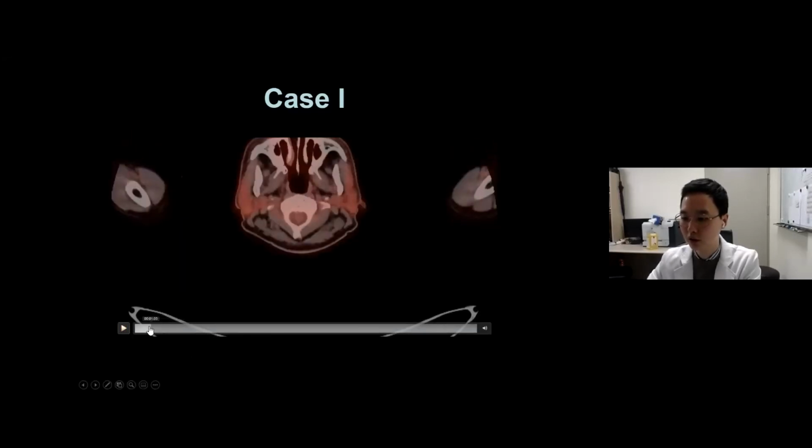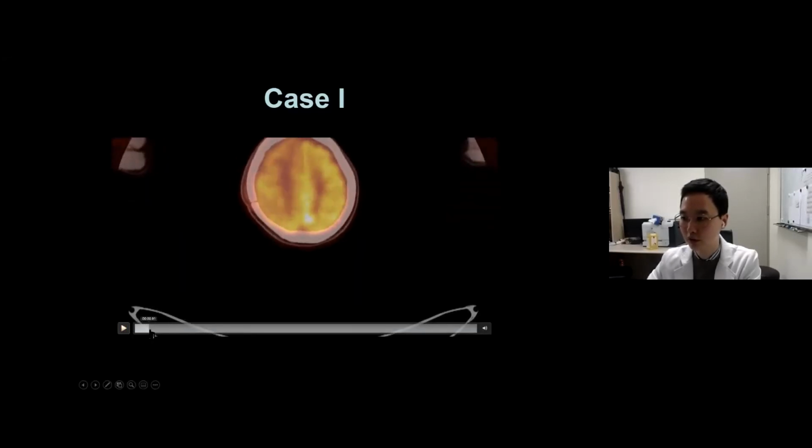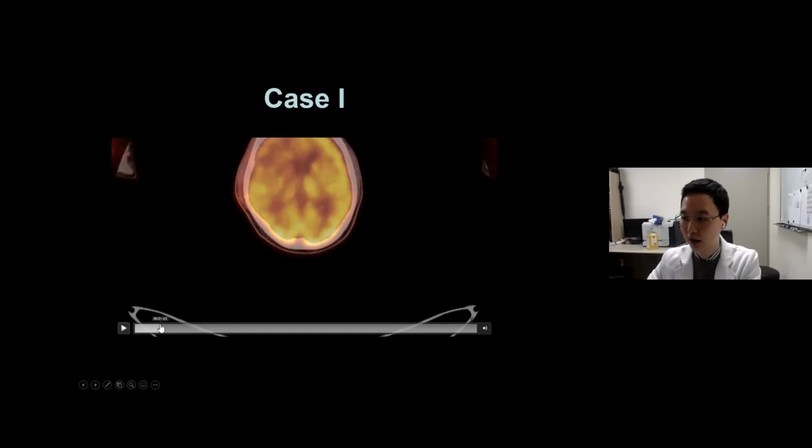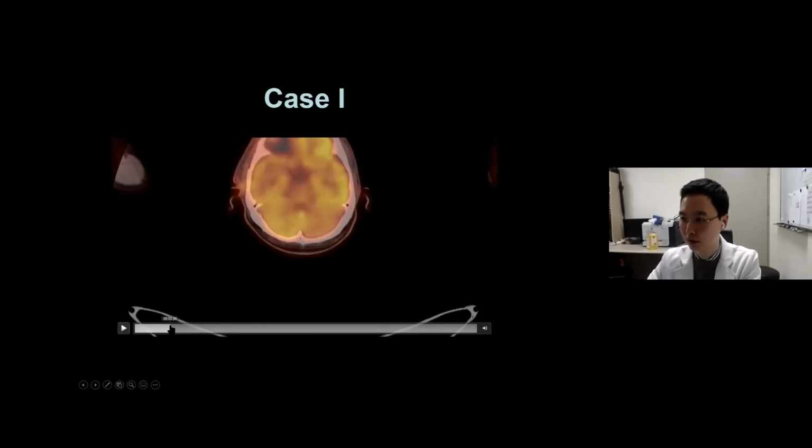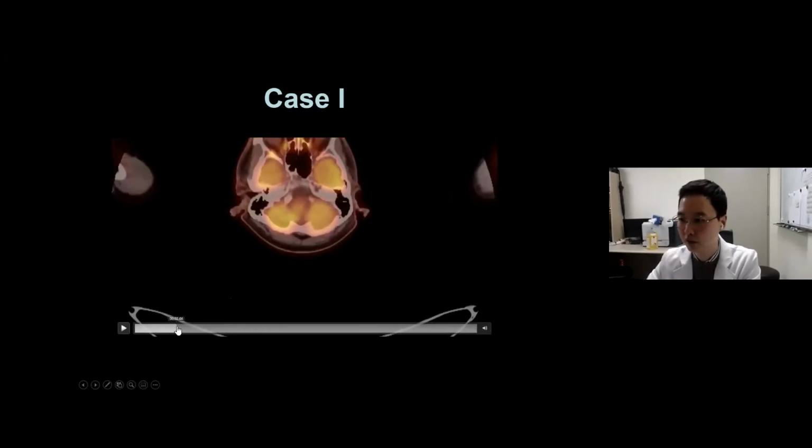And actually, from the image, you can see a relative hypometabolism, and here it might not be seen well, but there was a focal hypometabolic lesion in the right frontal cortex, indicating a brain metastasis.